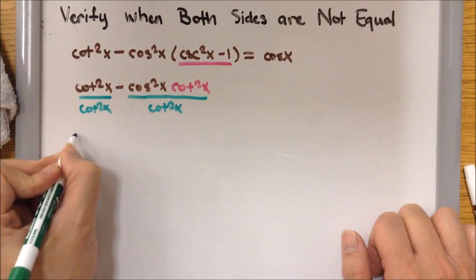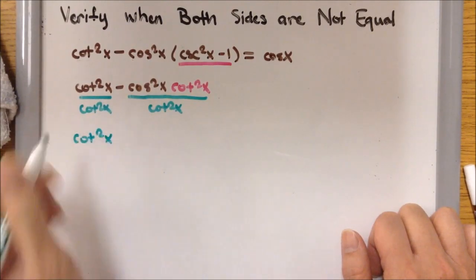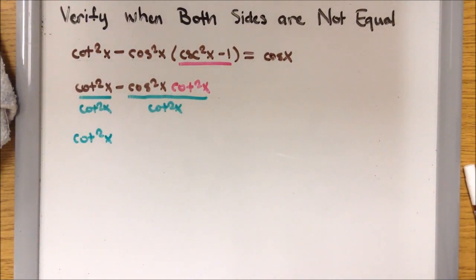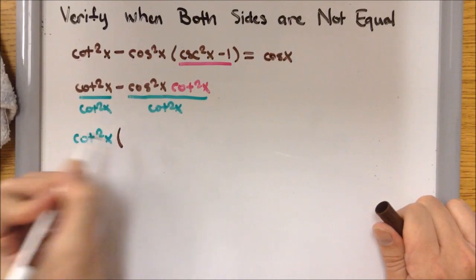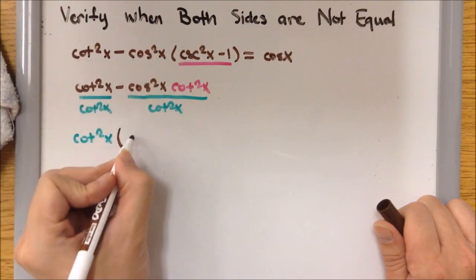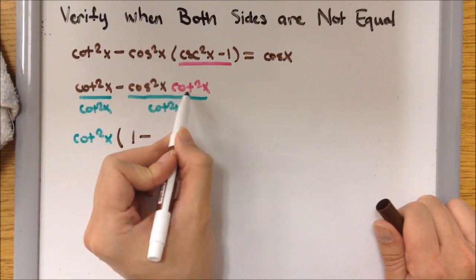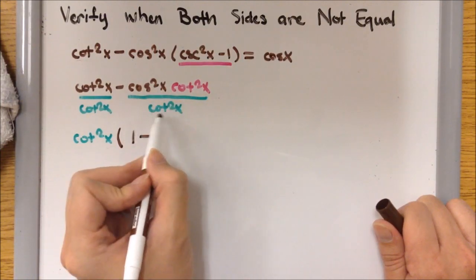It will simply be outside of the parentheses. So my first part that comes after the parentheses is cotangent squared x divided by cotangent squared x, which is 1, minus cosine squared x cotangent squared x divided by cotangent squared x.